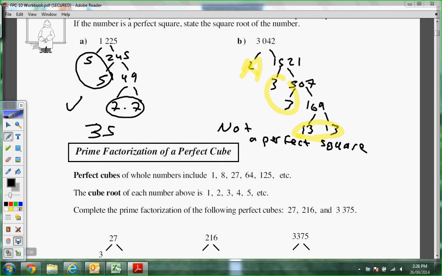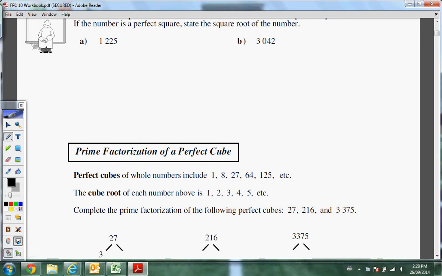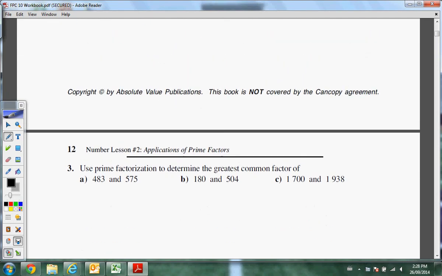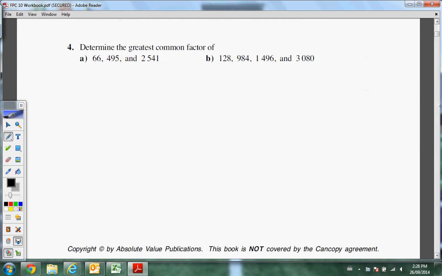Okay. So then with perfect cubes, what do you think we have to have groups of? Yeah, 3s.